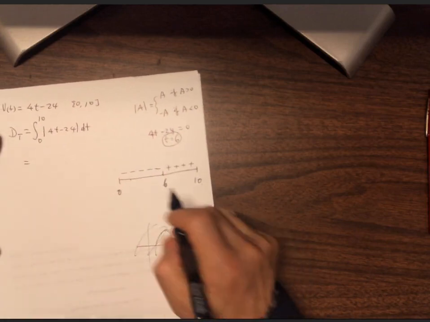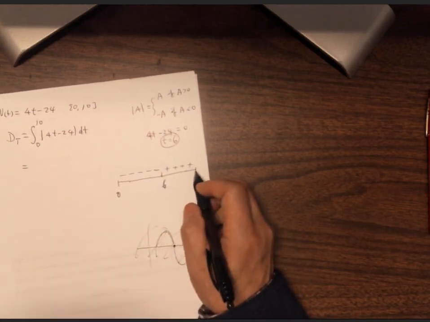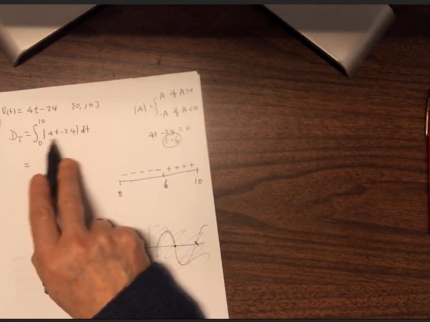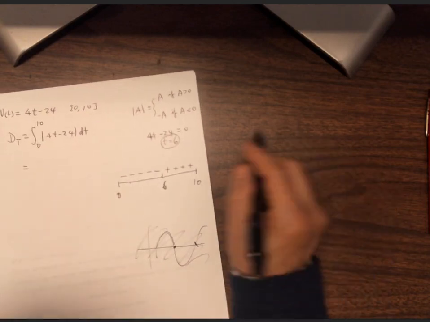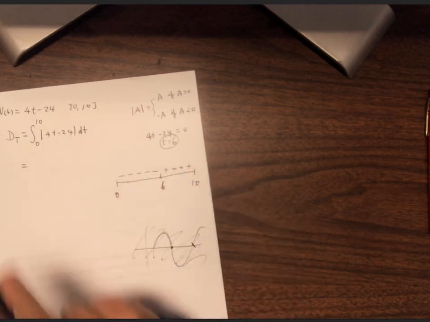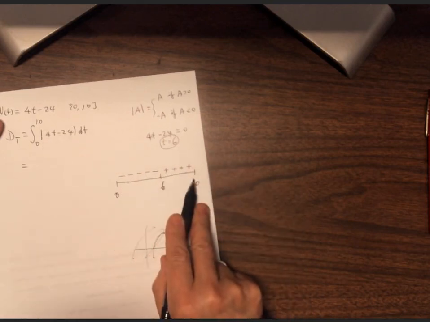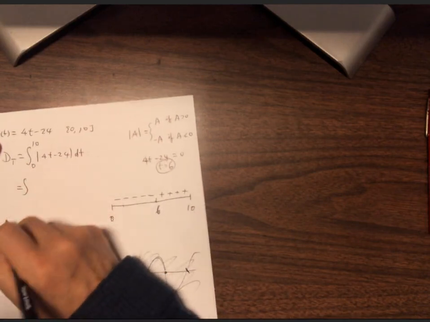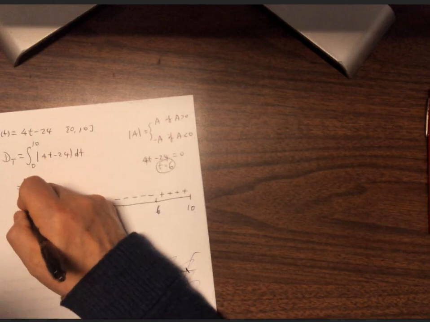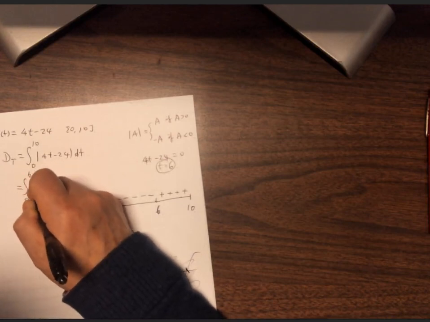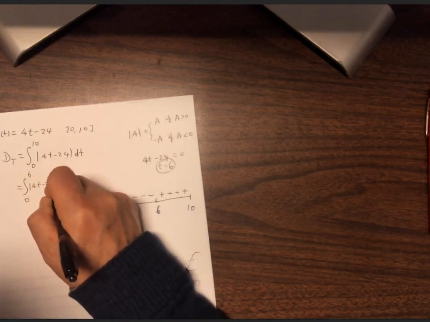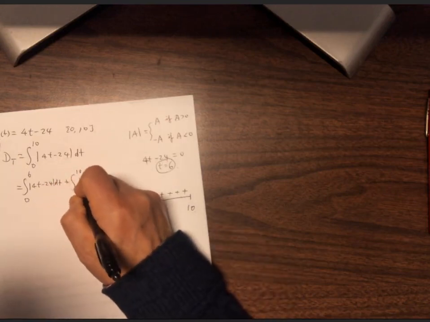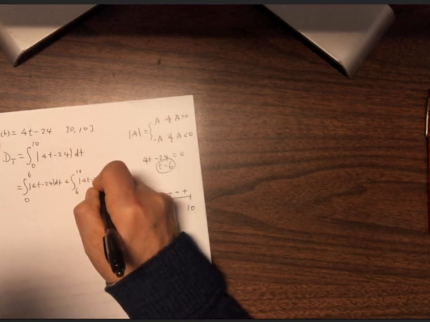Now the sign chart is going to help us determine how to get rid of the absolute value signs in the integral. Because the sign is different from interval to interval, we need to split the integral into two: 0 to 6, and 6 to 10.